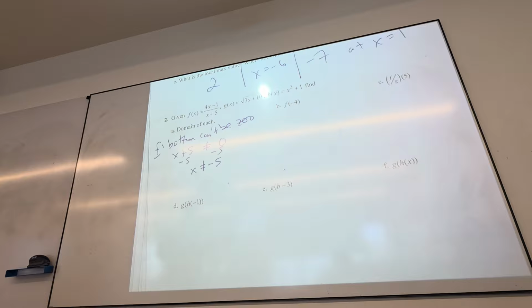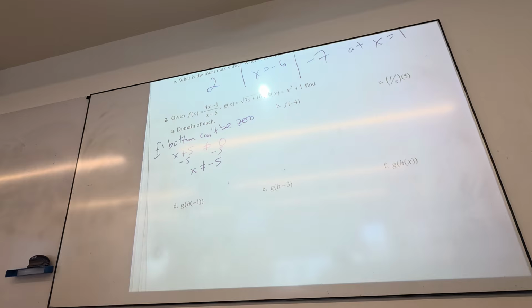So what about for function g? If I don't say otherwise, domain is always real numbers. So what makes g stay real? What would make g become imaginary? If the inside was negative.